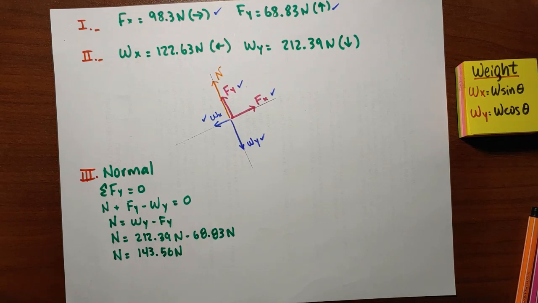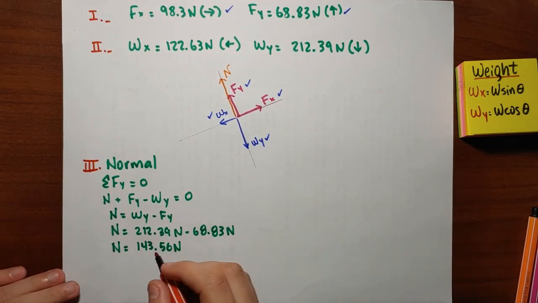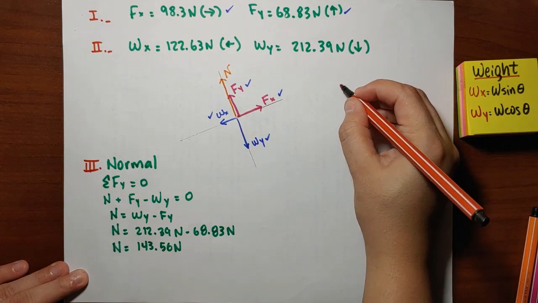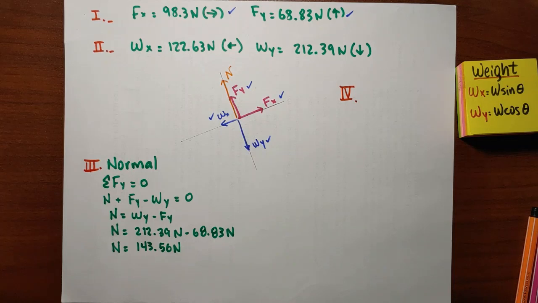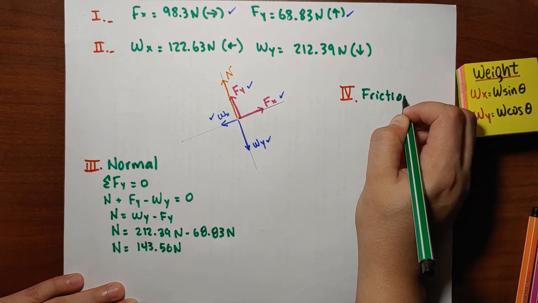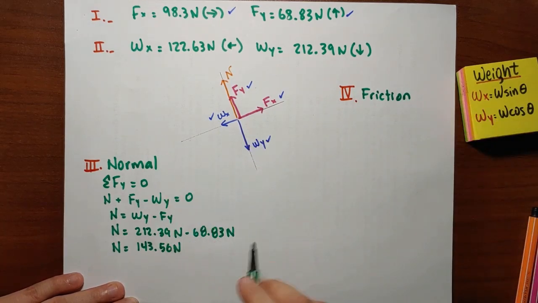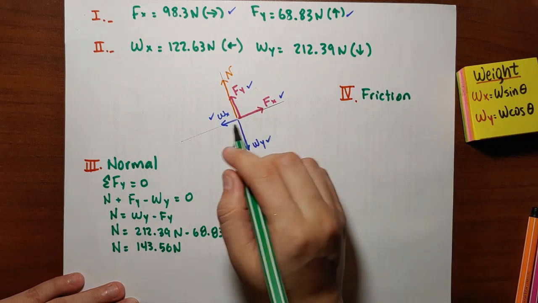What comes after getting the normal? My next step, that is friction. Now I need to get my friction. Here I didn't consider it in the initial free body diagram because now is where I'm going to consider my object.